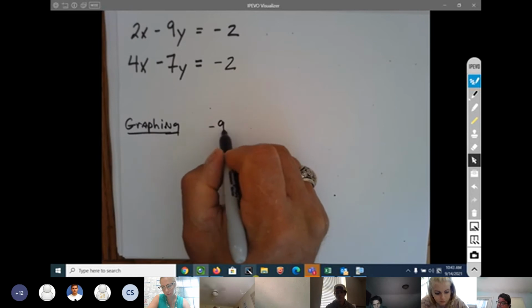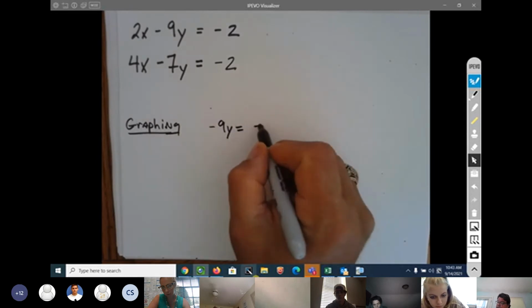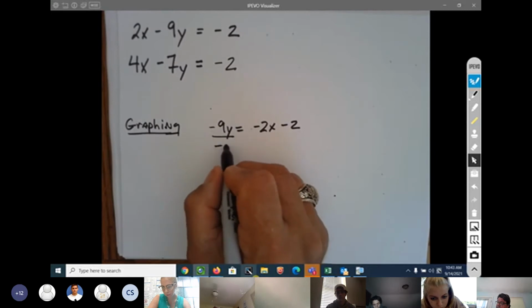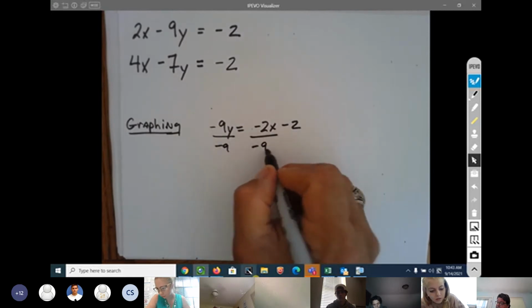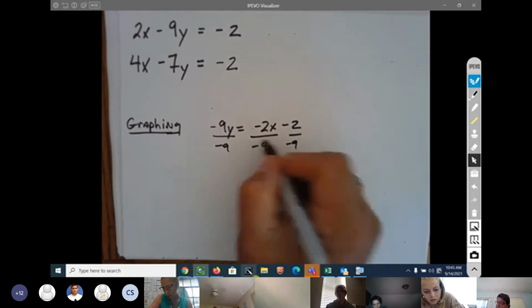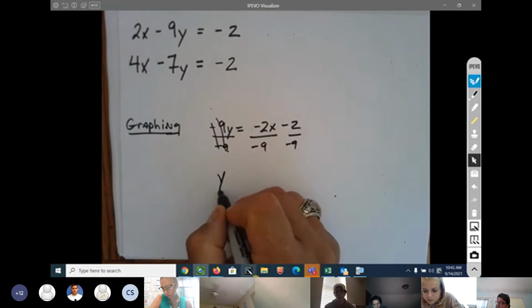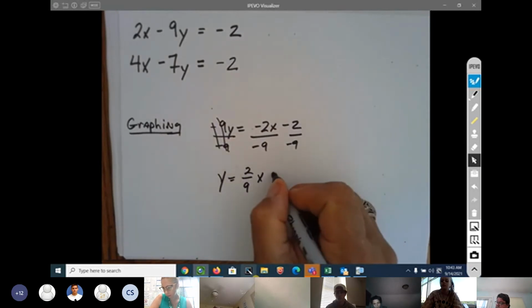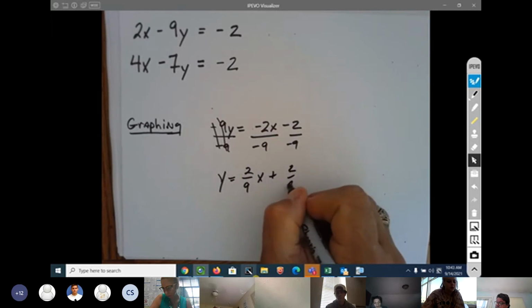Negative 9y is equal to negative 2x minus 2. Divide by negative 9. Y is equal to 2/9 x plus 2/9.